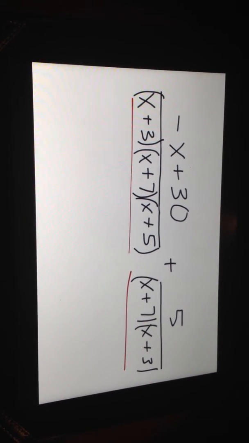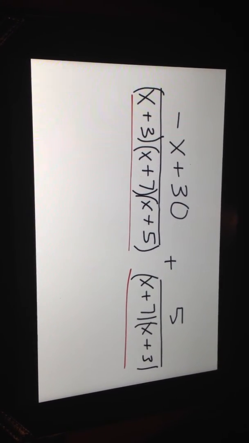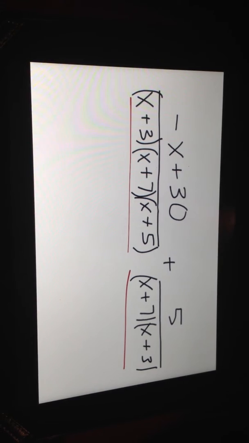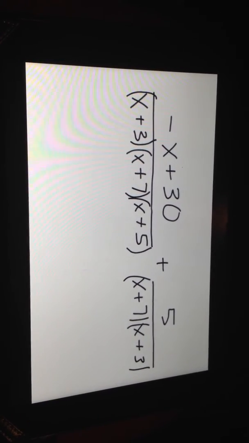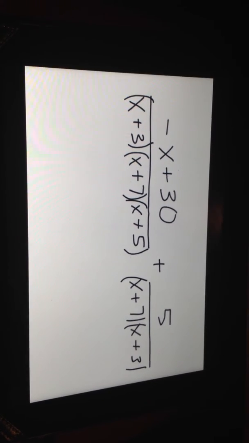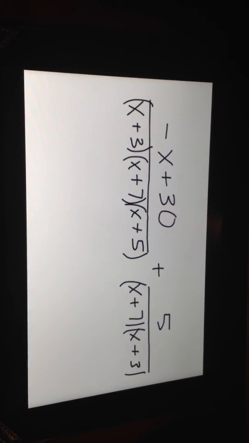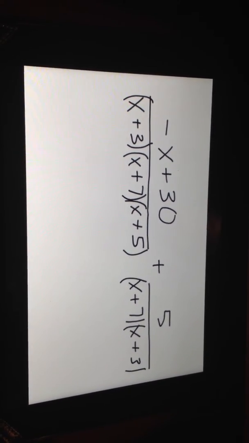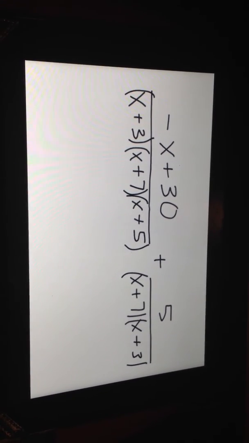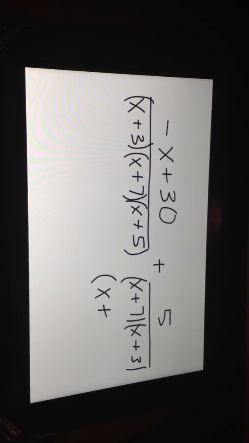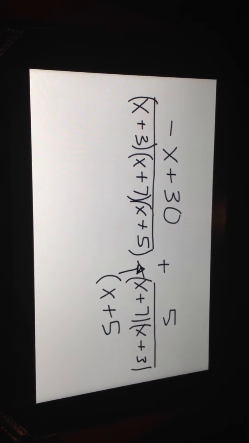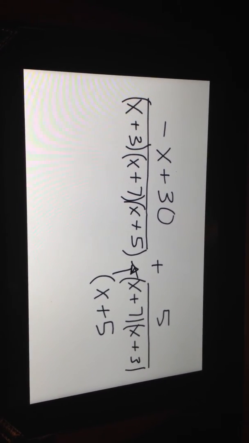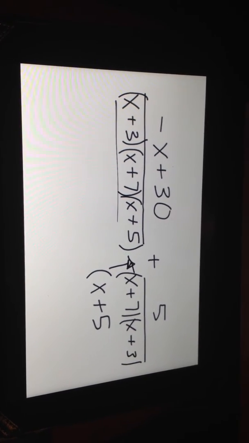Well, all we have to do is multiply by x plus 5. Just like with regular fractions, you multiply the bottom number and the top number. So I put x plus 5 right next to it, because putting it right next to it just means times, so then it ends up looking just like this on the bottom.